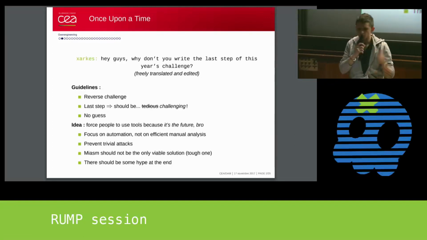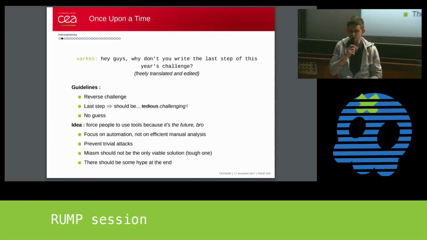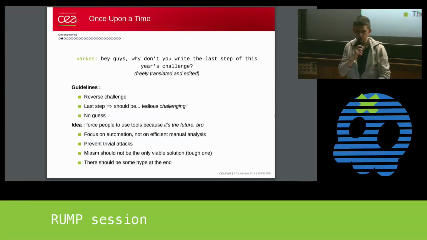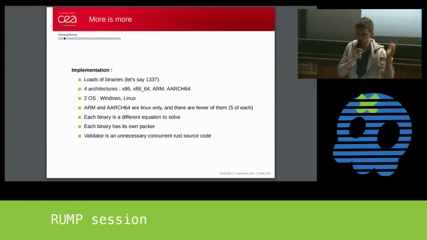The goal was to focus on automation and not on efficient manual analysis and expert experience analysis. We also have to prevent trivial attacks, and Miasm should not be the only viable solution. That was a tough one. And there should be some hype at the end. That was the worst part.